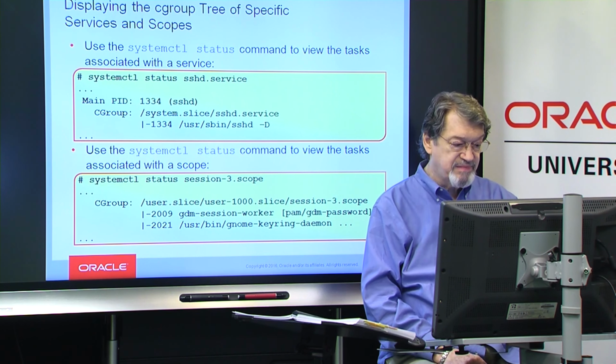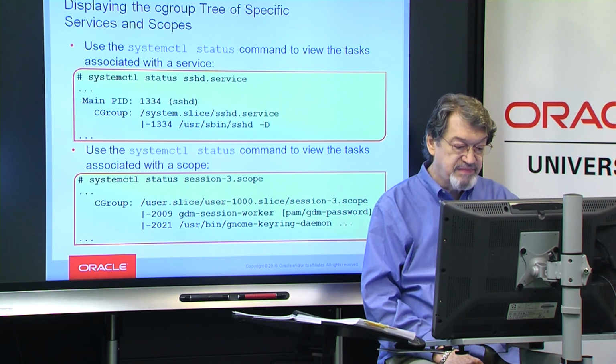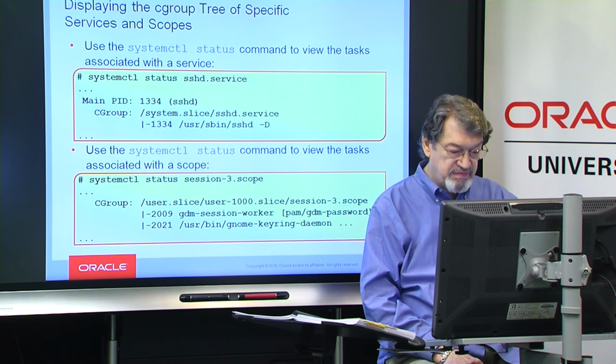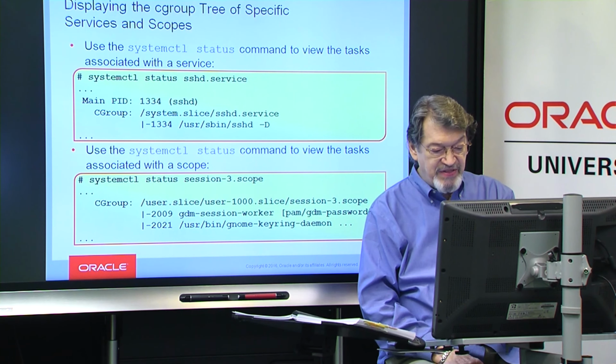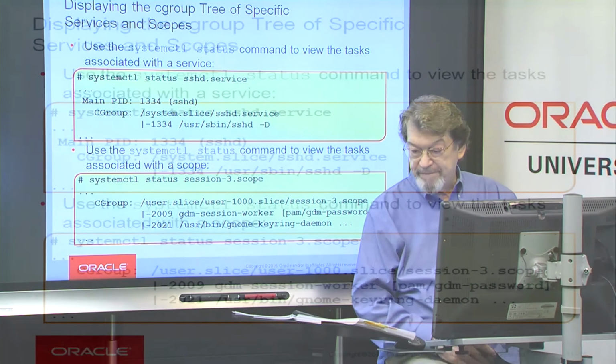All right. Then there is a status for session 3 scope. And so the C group, user slice, user 1000 slice, session 3 scope. And then there's a whole bunch of other things under that.